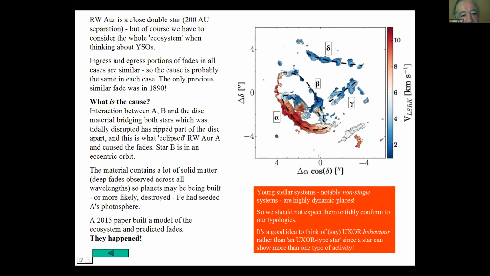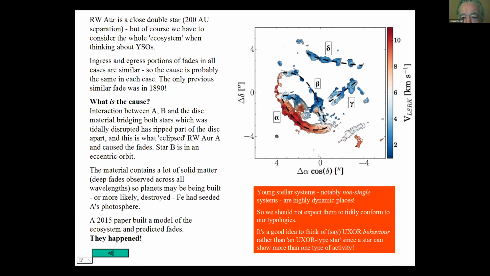So the previous deep fade we saw on this star was 1890. So well over 100 years between these two deep fades. So there's a lot going on in the system. We don't just have the two stars, we have all the circumstellar material, we have the surrounding gas and dust farther out, we have any clumping that might be going on, forming planets.